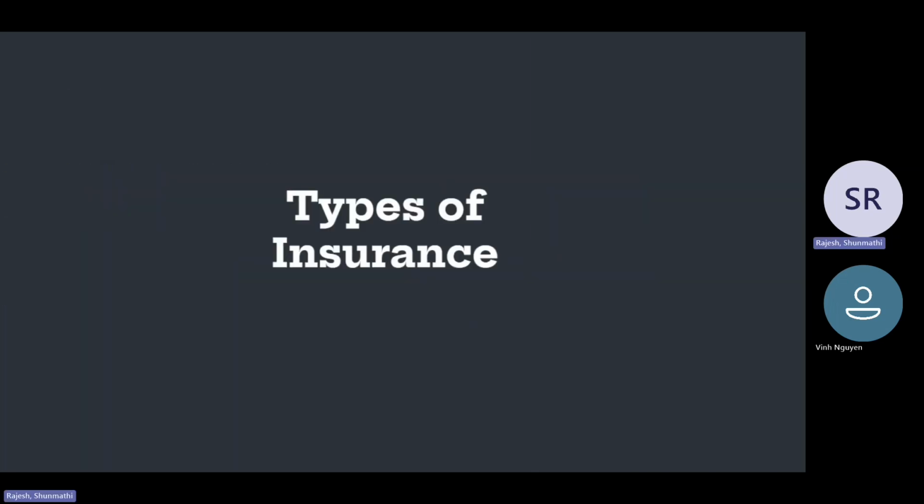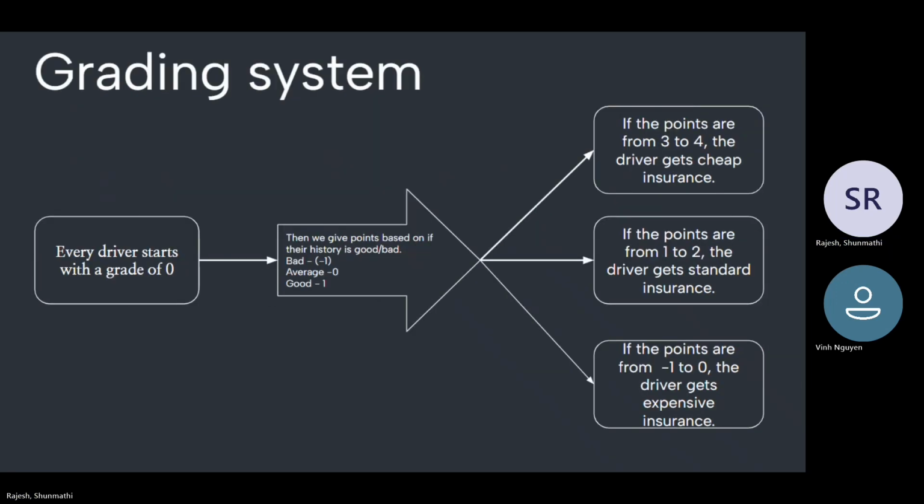Now let's talk about the types of insurance and how these subdivisions can help categorize the clients into further insurance. Basically, every driver starts with a grade of 0, and then based on how good or bad an aspect of their history is, they will get a minus point, a 0 point, or a plus 1 point.